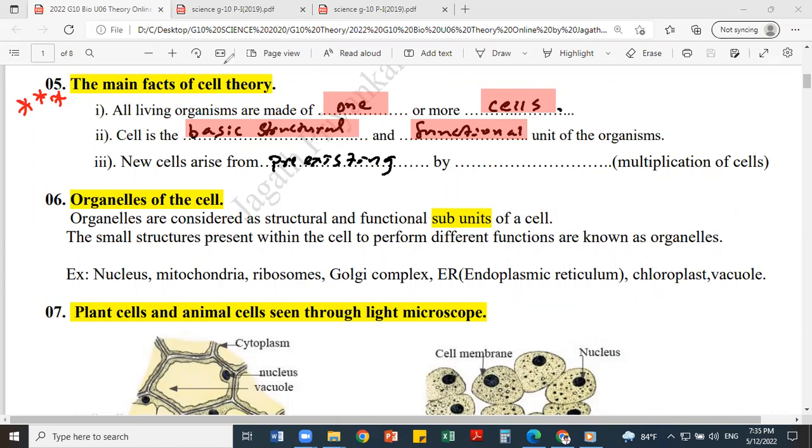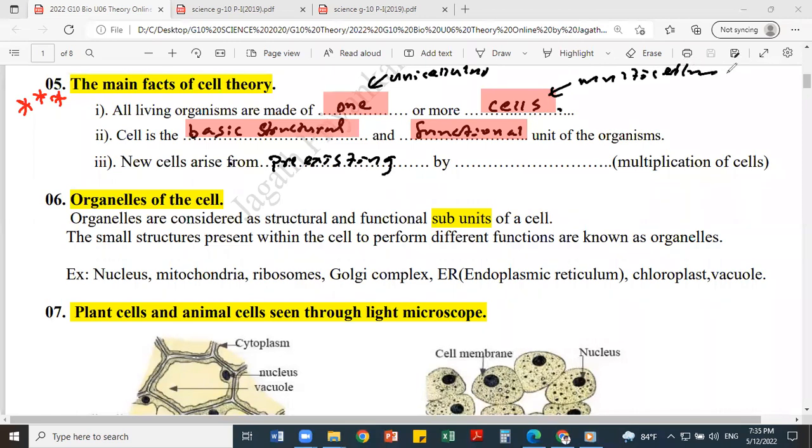Okay. Sorry about that. Now, cell is the basic structural and functional unit of all the organisms. First point I explained: all the organisms are made of cells. If it is one cell, we call them unicellular. If more cells, then we call it multicellular. So we are multicellular.